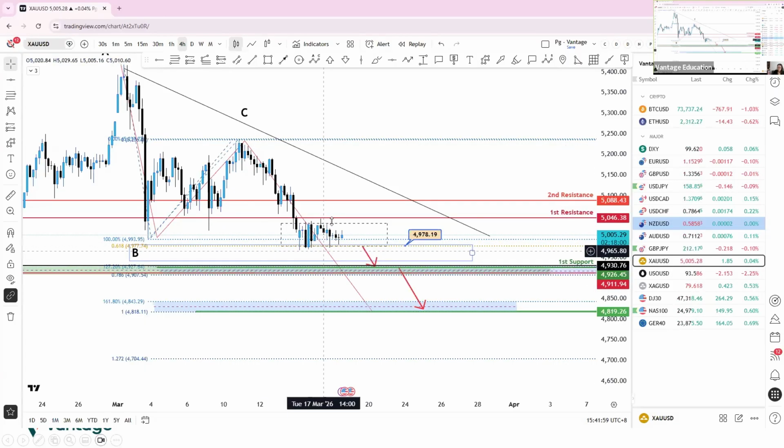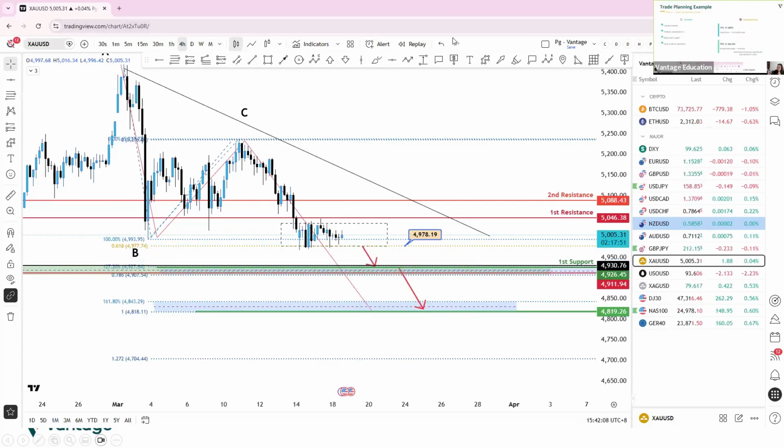From here, price moves sideways, you can hold. If you want to short here, and if price breaks below this, this is your target.